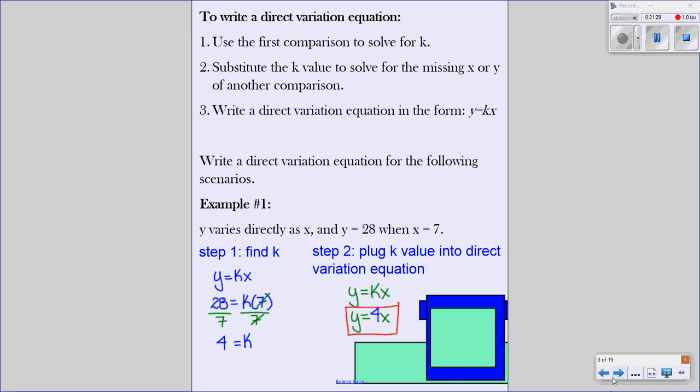And if they tell you it's a direct variation equation that you have to write, they will give you the y and the x, and you need to find the k. Once you do that, you write it as y equals k, whatever you found for k, and then x. Don't just leave it as, oh, I just found k and that's it, because there's a two-step problem.